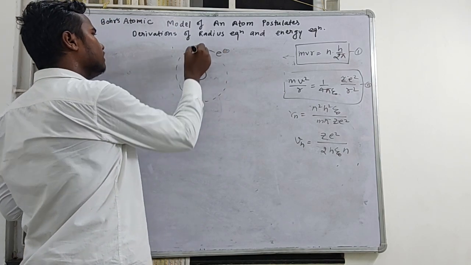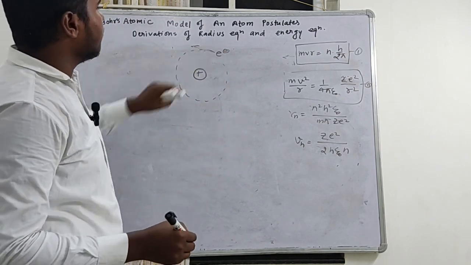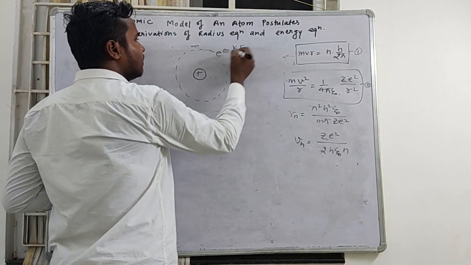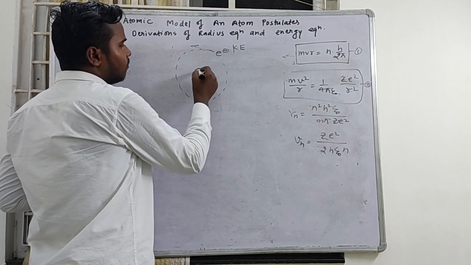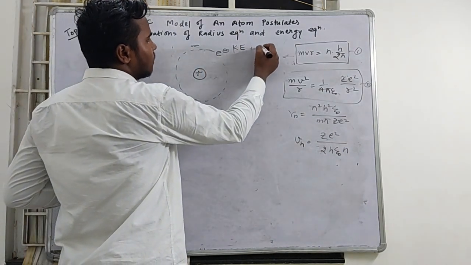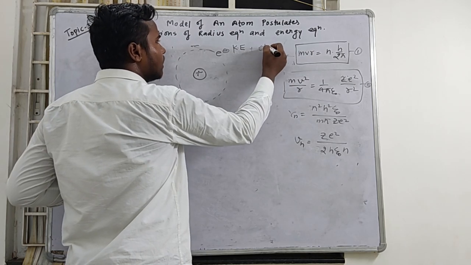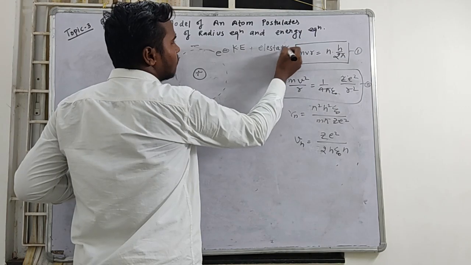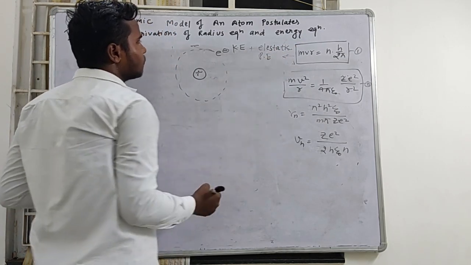Then it is revolving so it has some kinetic energy, and due to the nucleus and electron charges there is some electrostatic potential energy.